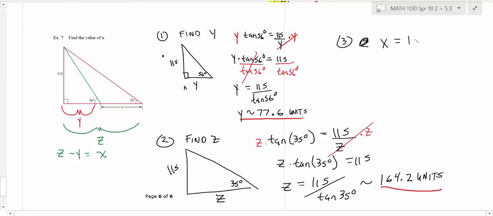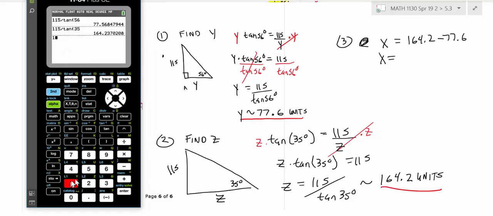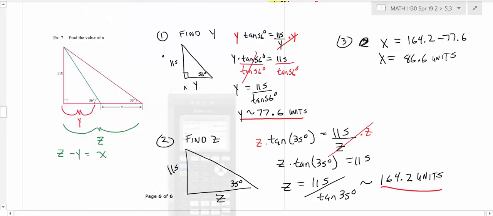We just take the 164.2 minus the 77.6, and that should give us that final distance right there. So that's 86.6 units, and that will be your final result on the problem.